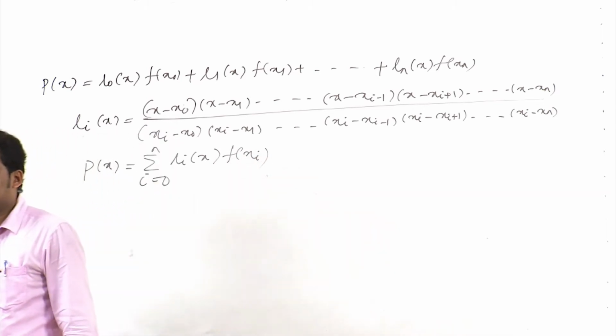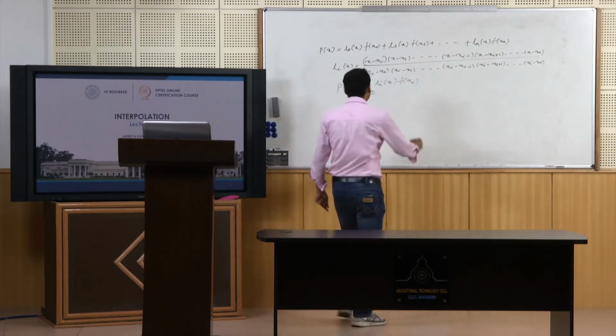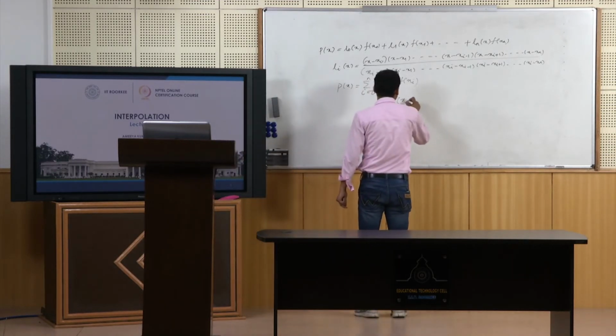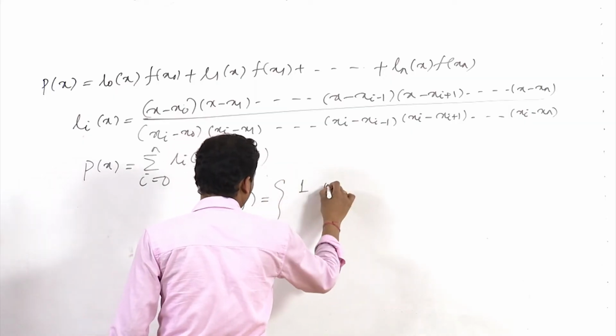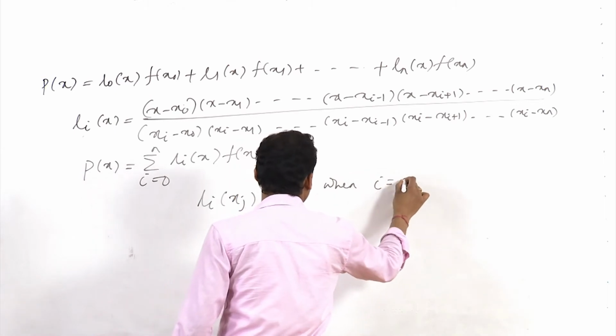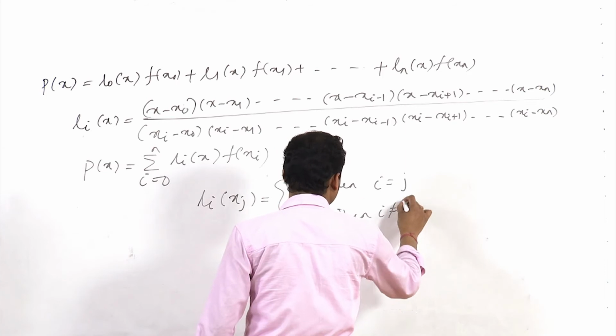And obviously this Lix will satisfy the property that Li of xj equals 1 when i equals j and 0 when i is not equal to j here.